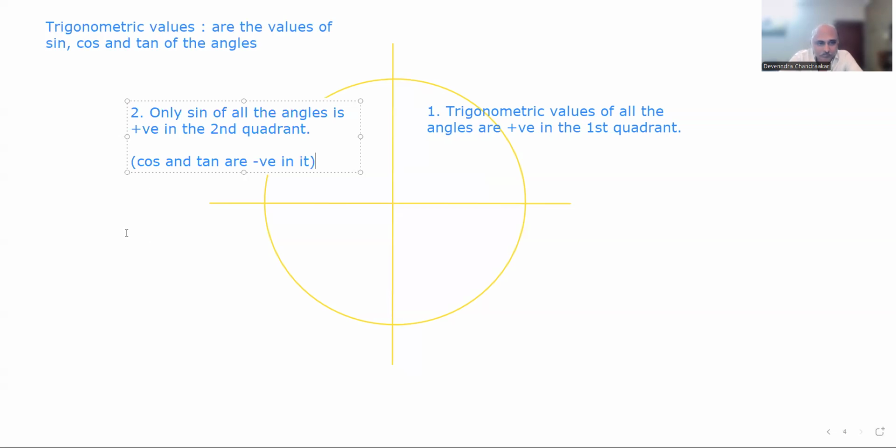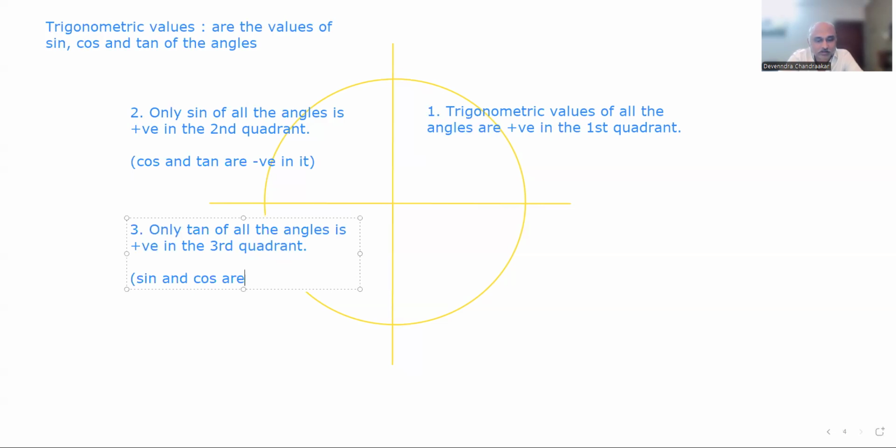I'll give you examples, don't worry. Third one: only tan of all the angles is positive in the third quadrant, right? Sine and cos are negative in it.